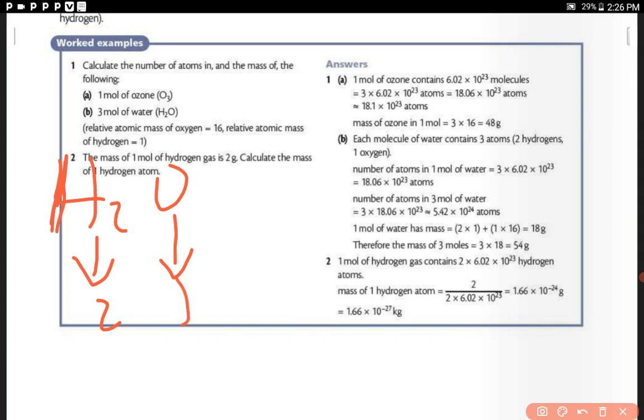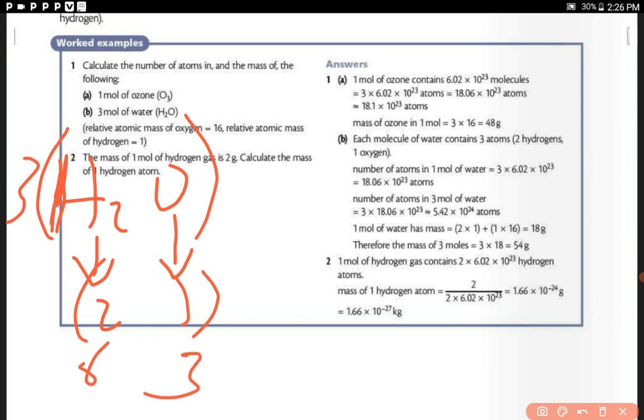So when we talk of 3 moles of water, it means here we're going to have 6 and here we're going to have 3.